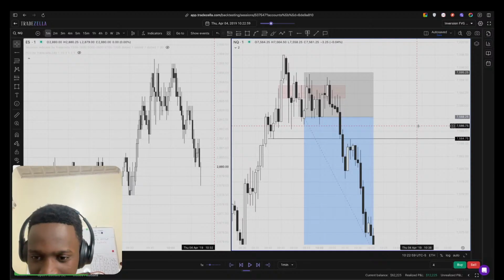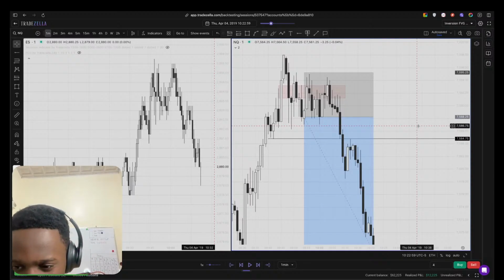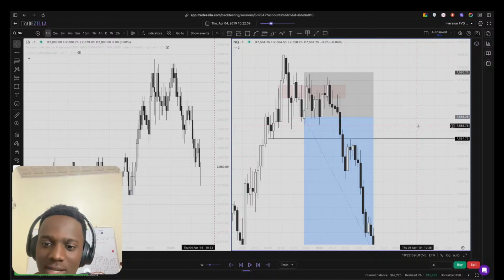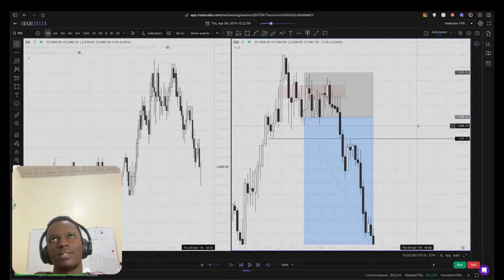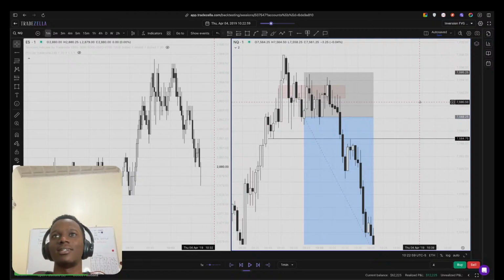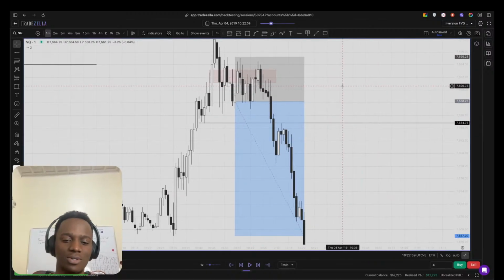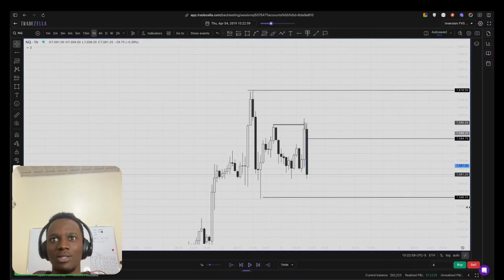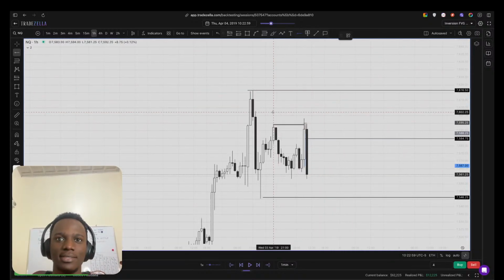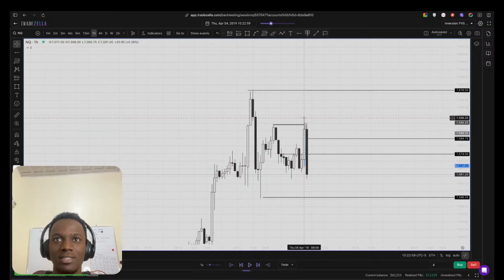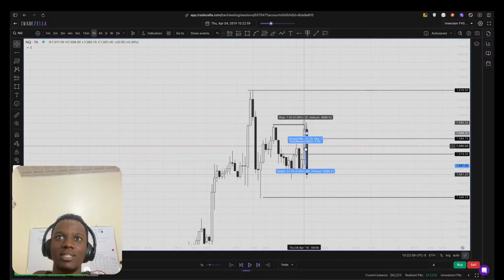Bro, could you try adding the opening price of midnight so we could filter out bad trades? I don't really use midnight open, but let's try it. Let's see. Where was the midnight open for this day? Midnight is here. Market opened here, consolidated, pushed higher, and since we were bearish, it expanded lower.